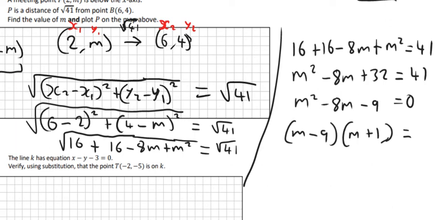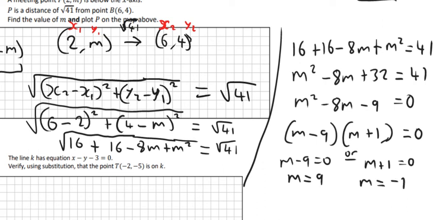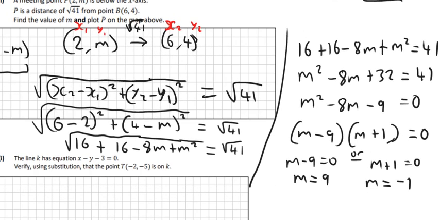Minus 9 plus 1 is minus 8. Minus 9 multiplied by positive 1 is minus 9. Because they multiply to equal 0, one of them has to be 0. Either m minus 9 equals 0 or m plus 1 equals 0. So either m equals 9 or m equals minus 1. So you've got two solutions here for what m could be. If you use the minus b formula, you should get both of those as your answer, 9 and minus 1. So we still need to figure out the last little bit here.